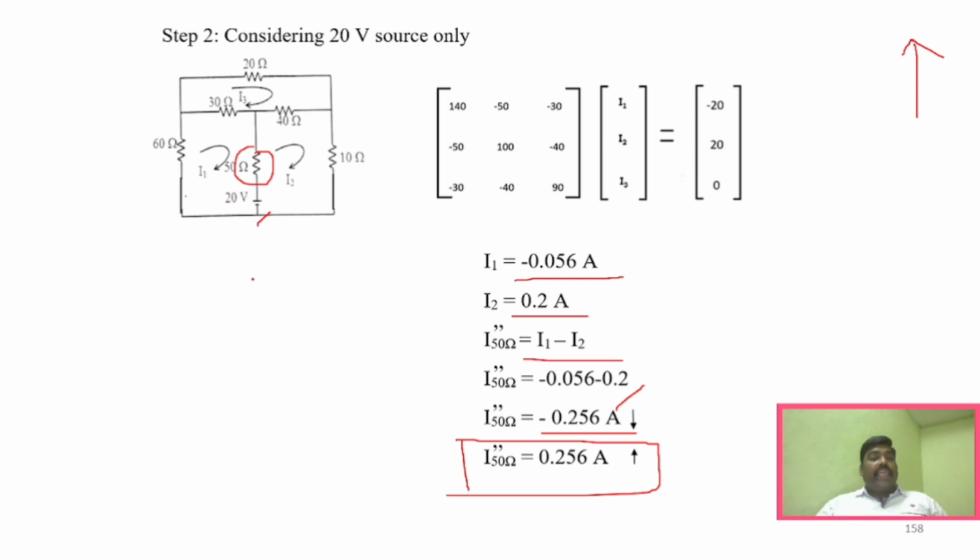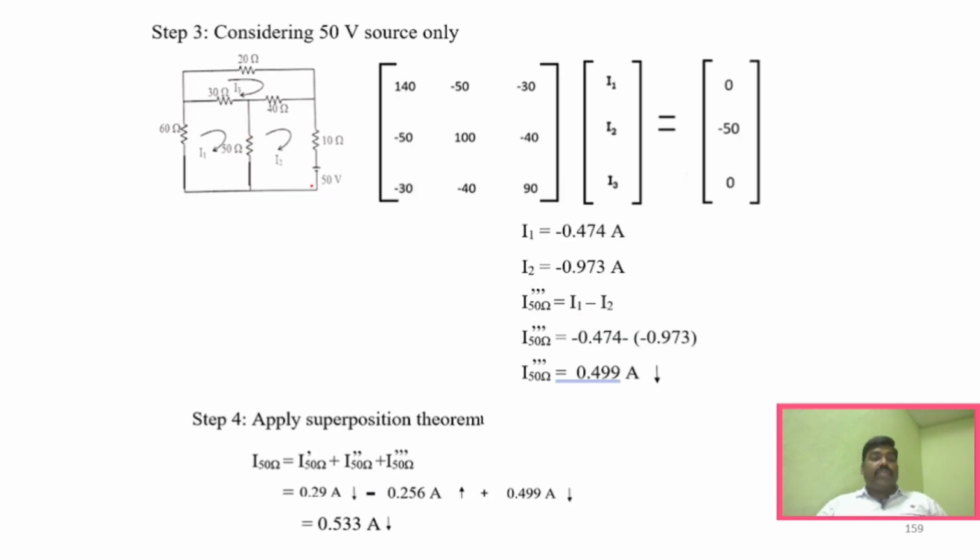And then you have to find the same current for the third voltage source, where we consider only this source. You have to follow the same steps, the same matrix method, and we need to find I1 and I2. It is the same, again this particular resistor.